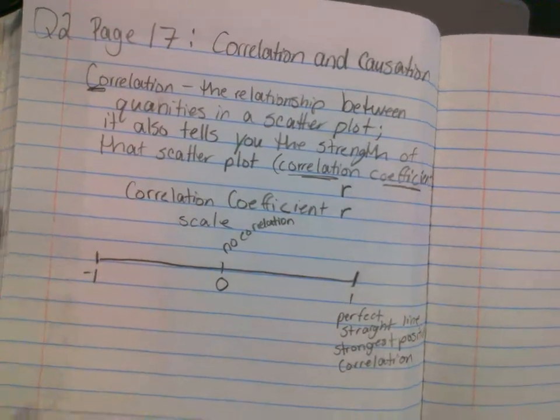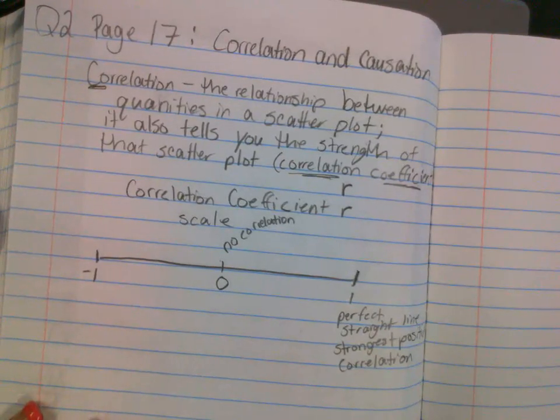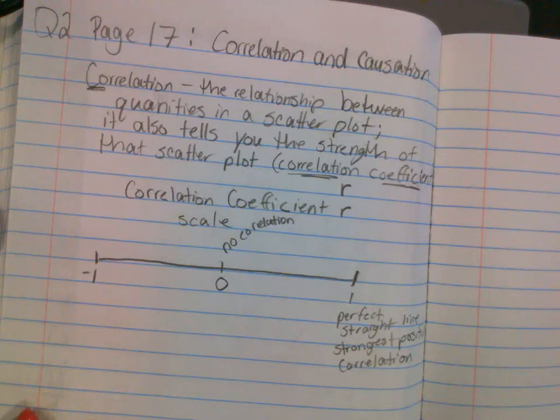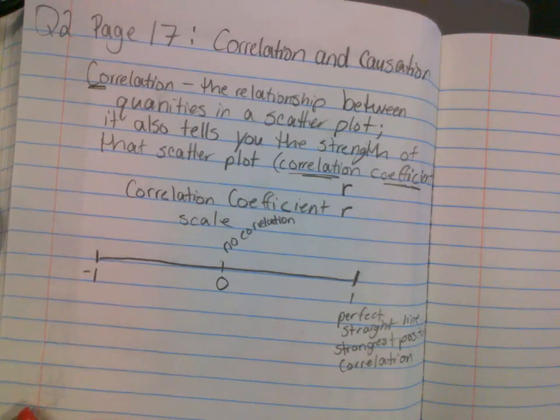So if your R is equal to 1, that means those points form a perfect straight line. It's the strongest positive correlation that there possibly is.